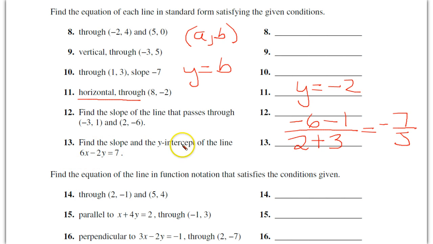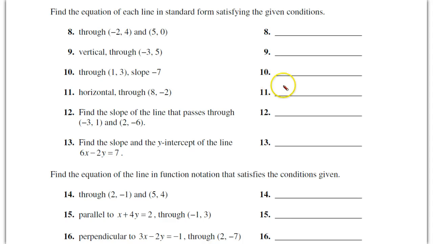Find the slope and the y-intercept of this line. Well, for this one, we're going to recall that if we put an equation into slope-intercept form, y equals mx plus b, whatever is in the m position is your slope, and whatever is in the b position is your y-intercept. So what we have to do here is solve this for a positive y, put it in this form.